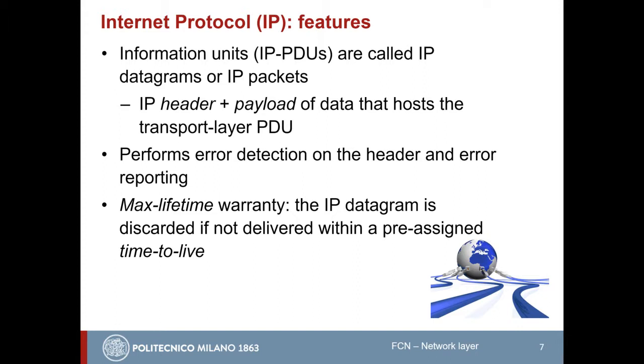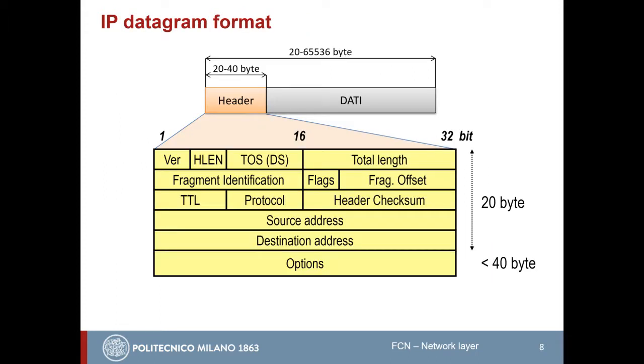And when this age overcomes a threshold, the packet is discarded. And this is important to avoid, for example, circular routing or packets going indefinitely into the network if there is route mismatching. And this mechanism is based on the time to live that we are also going to see.